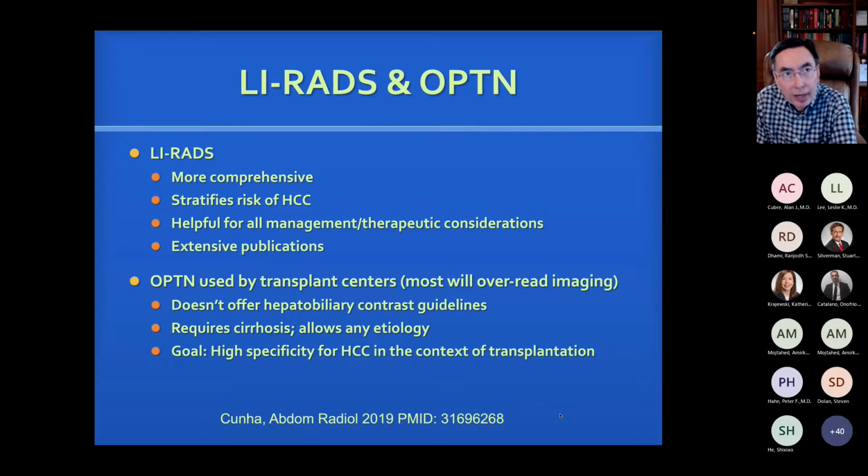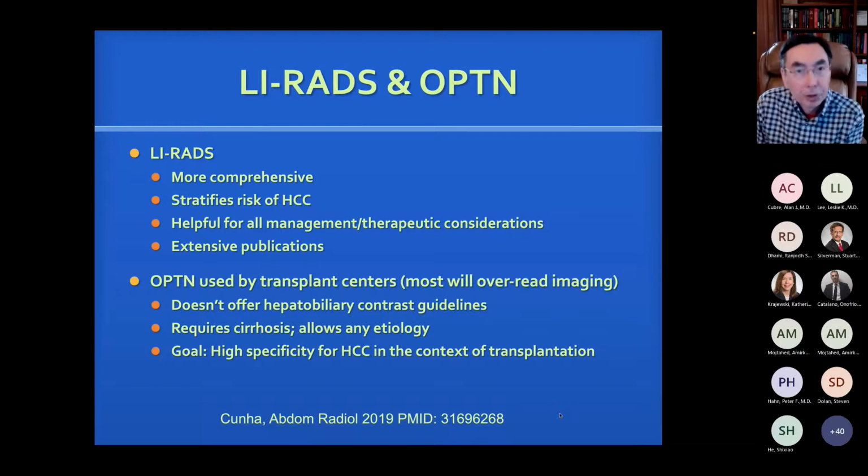So interestingly, you could have patients with cardiac cirrhosis who might get exception points for HCC if they had an OPTN 5B lesion, even though that might turn out to be benign.